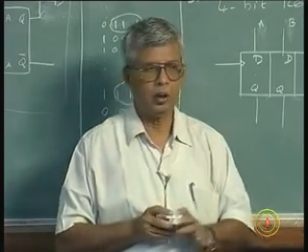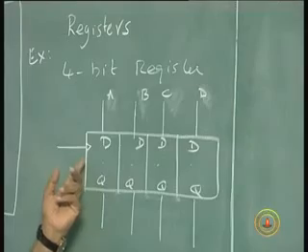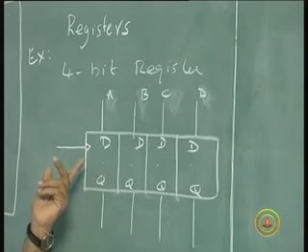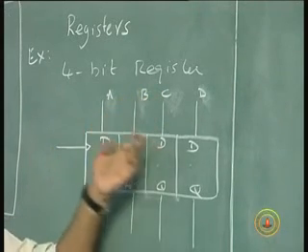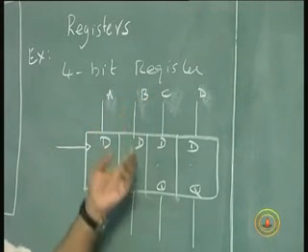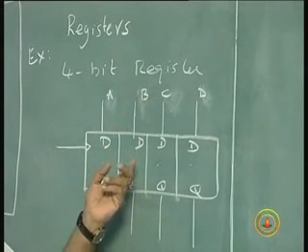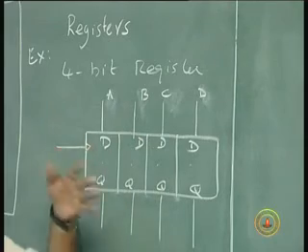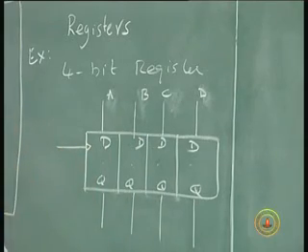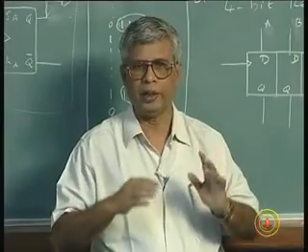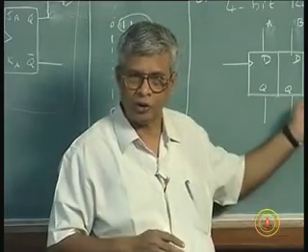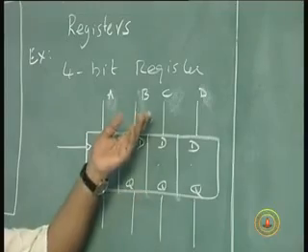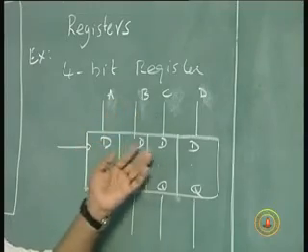Now, this clock may be at a frequency which is much faster than the rate at which I want to put the data and remove it. Suppose I want to put the data and then keep it for a while. Even when the clock keeps coming and going, I don't want to disturb the data. Only when I want to use it, I will use it, and then I will put another data.